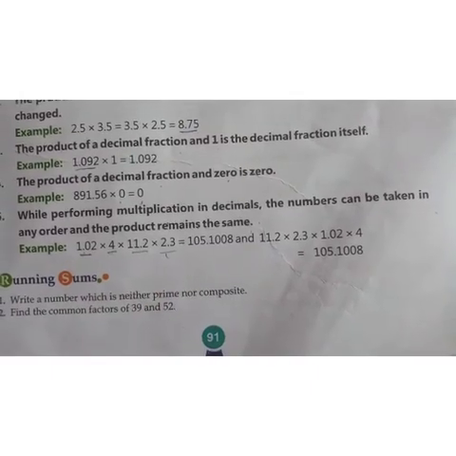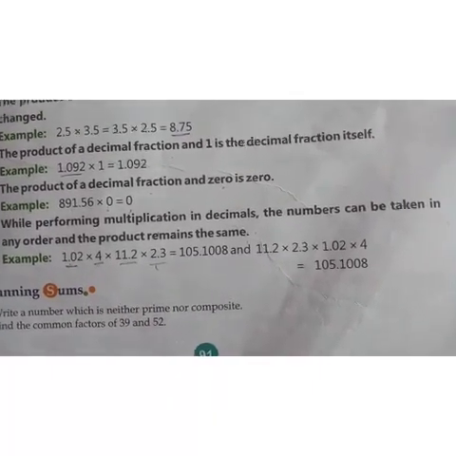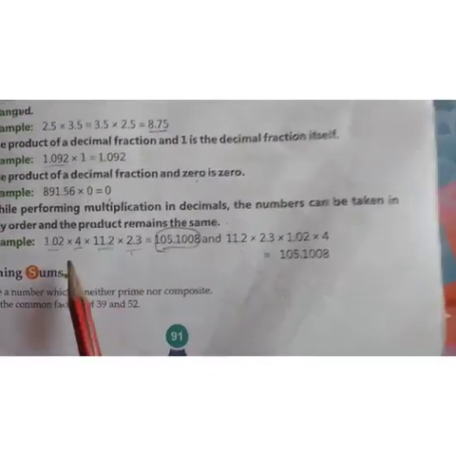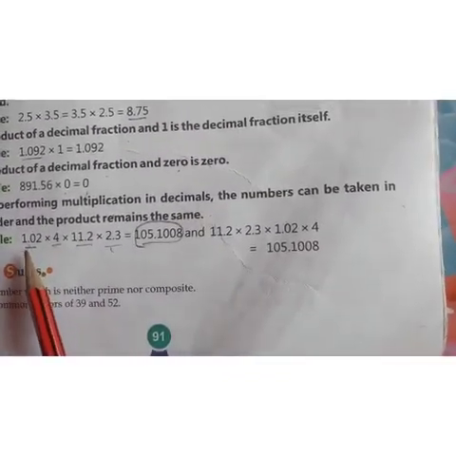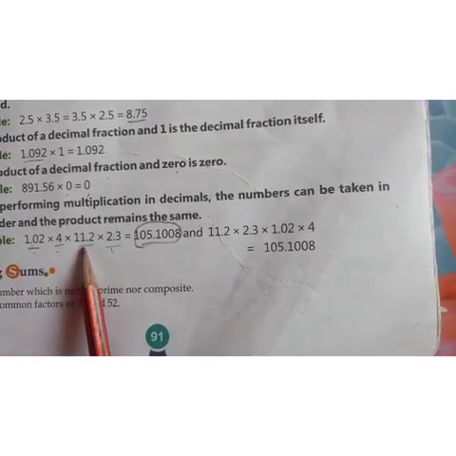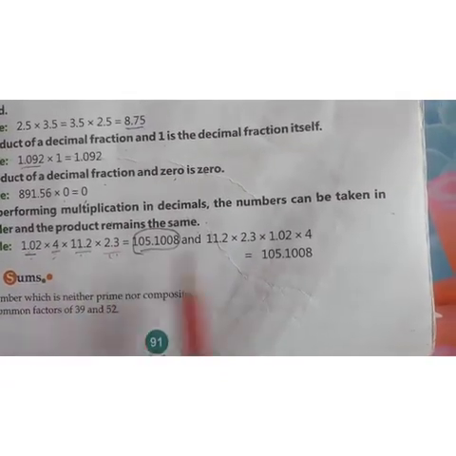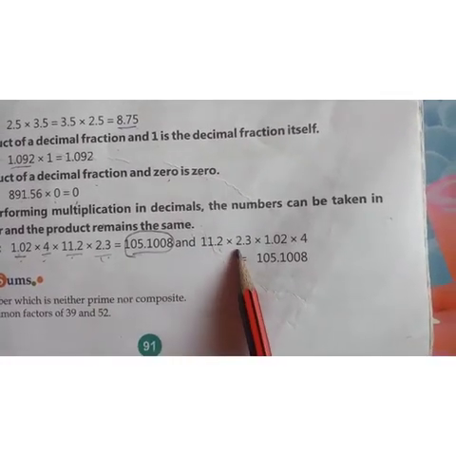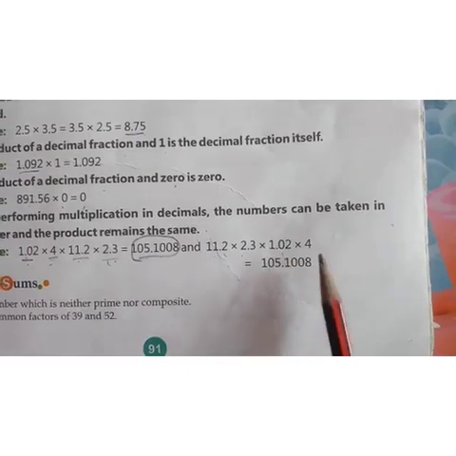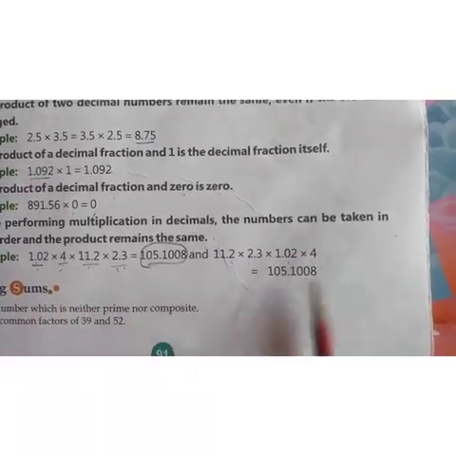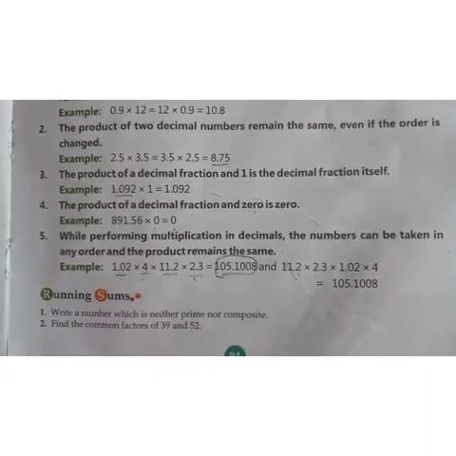In any order you multiply, but the product, that is the answer, always remains the same. You can observe here. We have here 1.02 into 4 into 11.2 into 2.3. But here the order is changing. 11.2 into 2.3 into 1.02 into 4. Although the order is different, the answer remains the same. Is it clear, children?